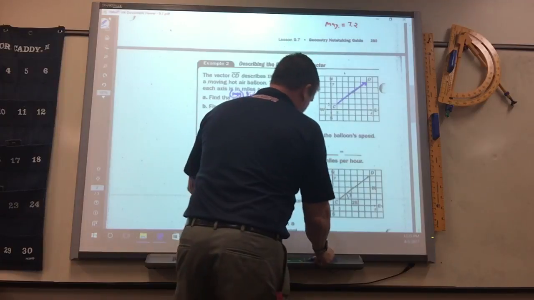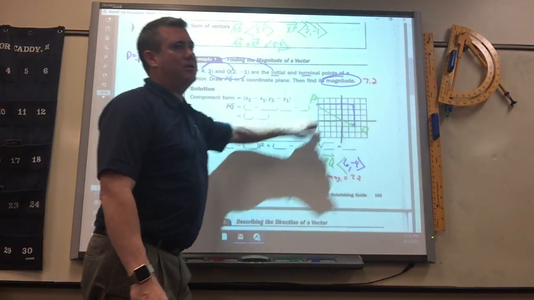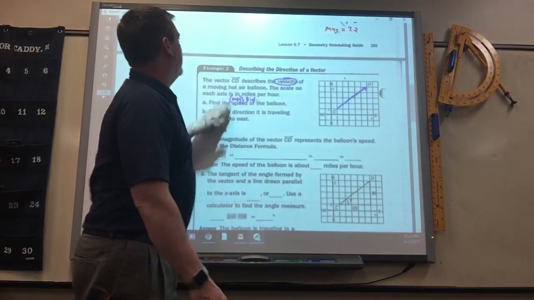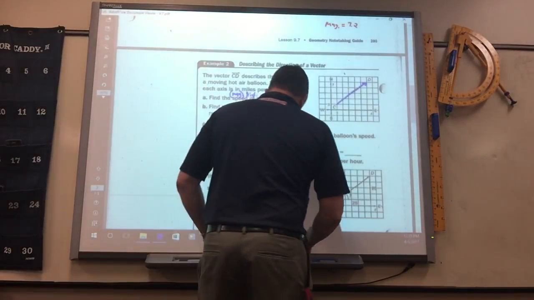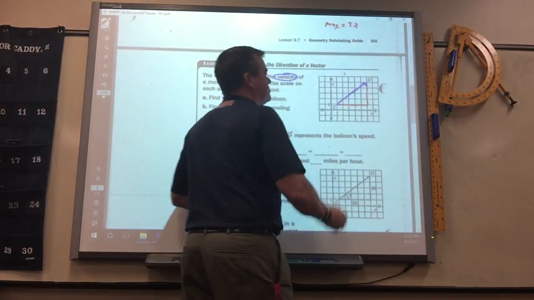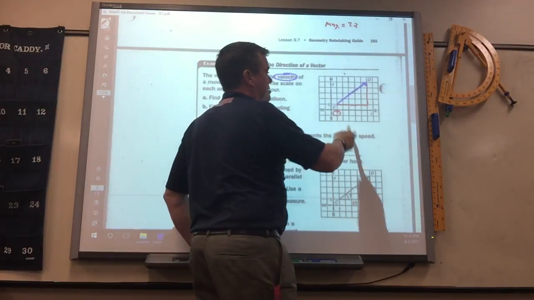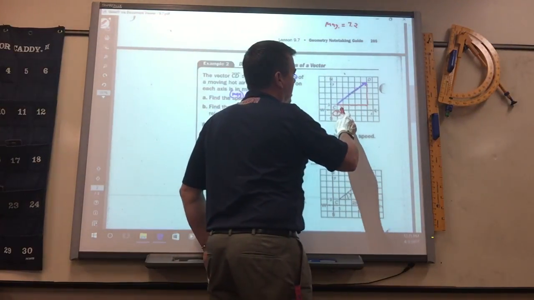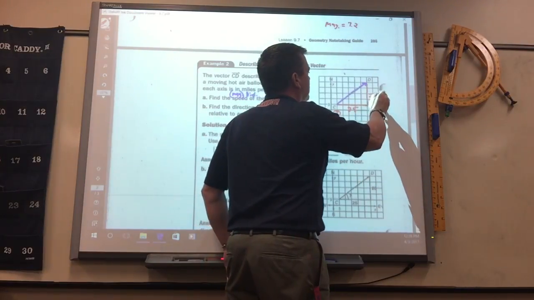So again, if you have the graph, like here, I could have just done the Pythagorean theorem instead of doing the distance formula. You get the same answer. Since we have a graph, you just make a right triangle. These go by 5s now. This is what you've got to remember on these. 5, 10, 15, 20, 25, and that's 20.